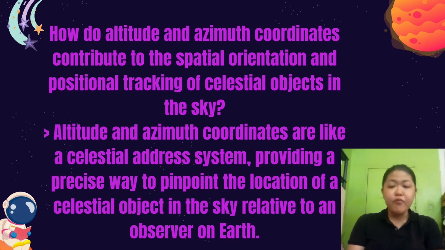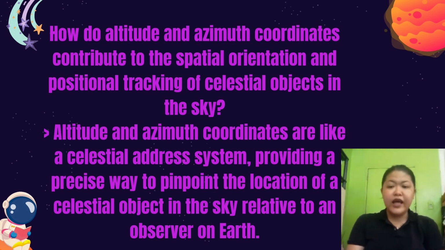So by measuring the changing altitude and azimuth of an object over time, ang astronomer ma-track nila ang path across the sky, study its motion, then understand its orbital characteristics. For example, ma-determine nila ang kapaspas sa star o ang direction or ang planet's orbital period.